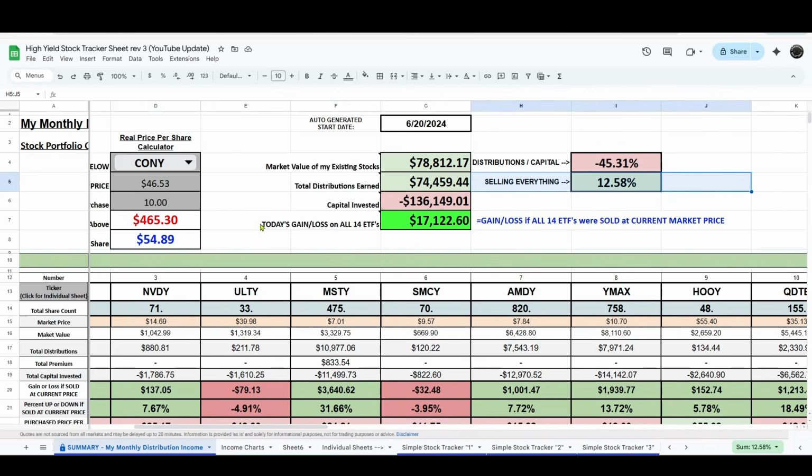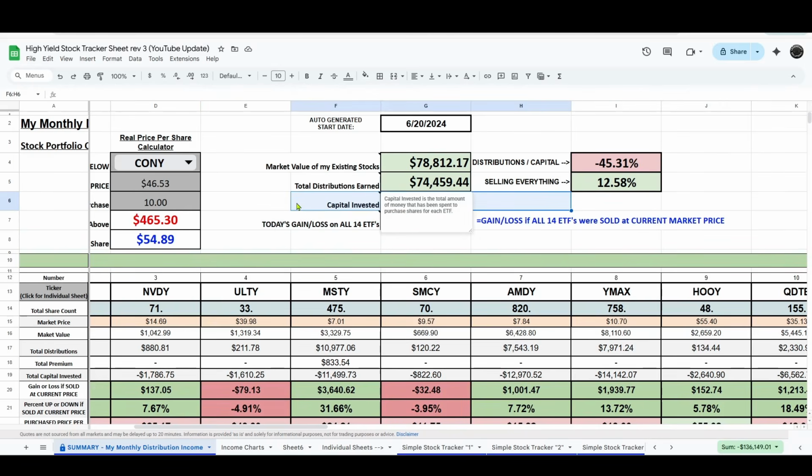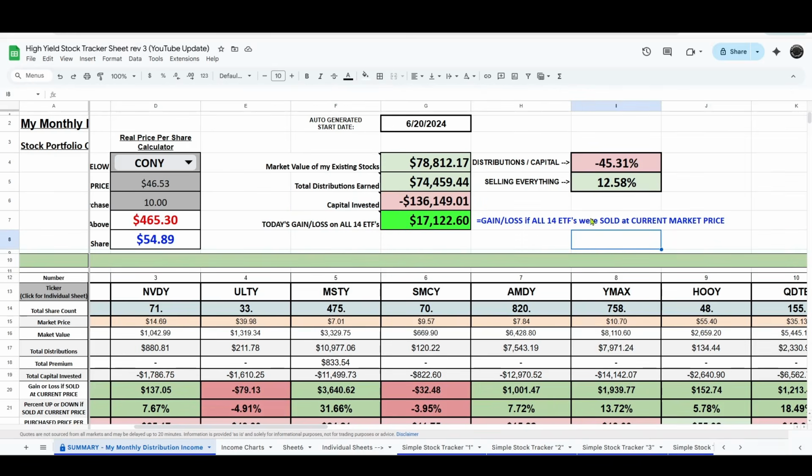These high yield ETFs, because we are getting paid back our capital from the distributions, it's helping to lower how much we actually have invested, and then therefore increasing that total distribution amount, and that only helps to increase how much we would actually make if we were to sell everything.